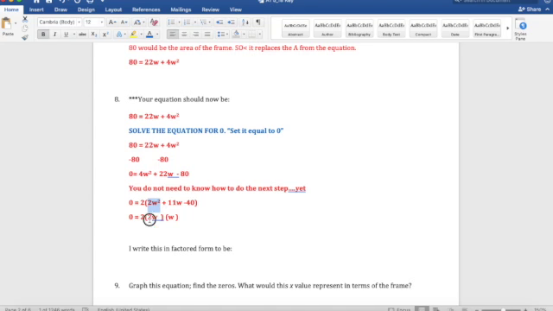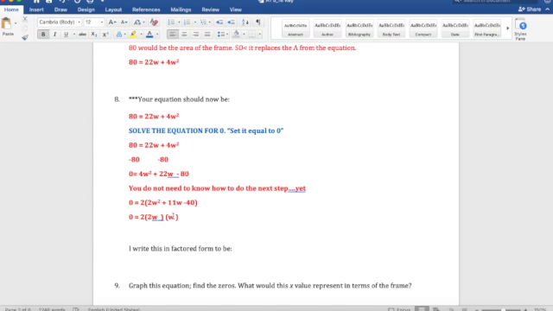So I'd have a 2w and a w for my first numbers. And then my last two numbers have to multiply to get me negative 40. So I'm thinking, all right, 20 and 2, 8 and 5, 10 and 4.